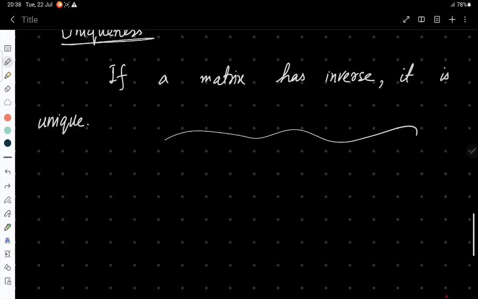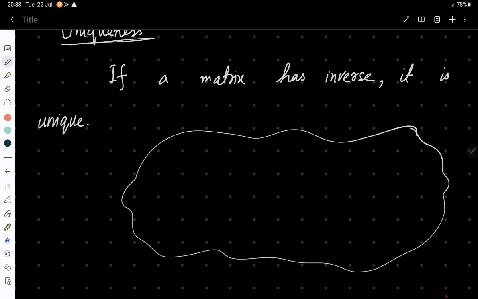Let's assume that this is the space of all matrices. Suppose there are a lot of matrices here, and suppose this is a matrix, this is a matrix, and so on. For example, this is A, this is B, this is C, D, and so on. These are all matrices.